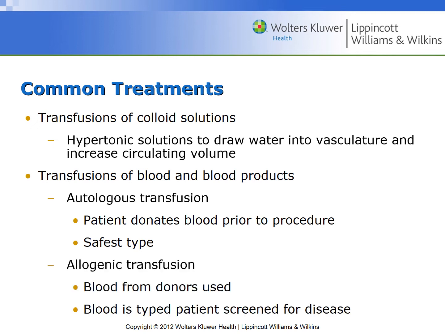Allogenic transfusion, that's blood from a donor, same species. The blood is type matched to the patient. So type A, type O, type B, positive or negative, and then screened for disease.